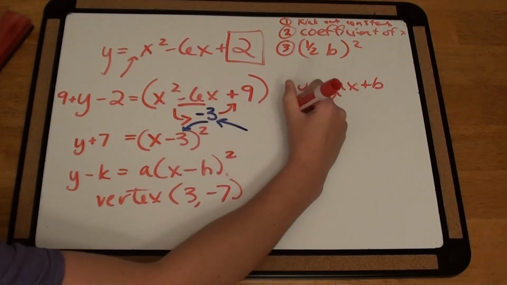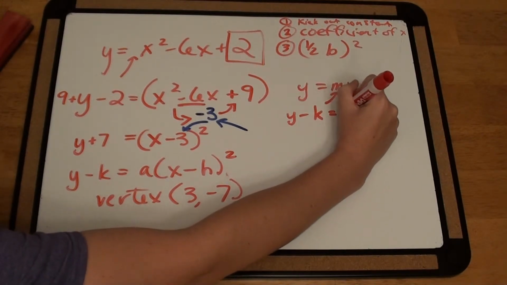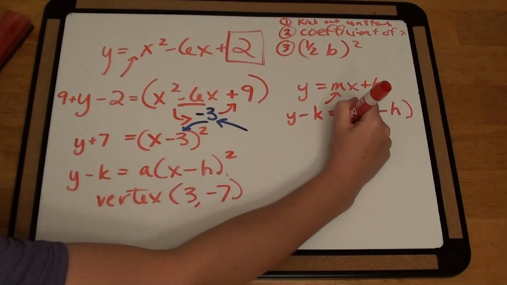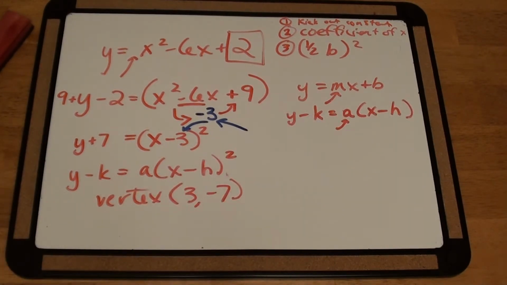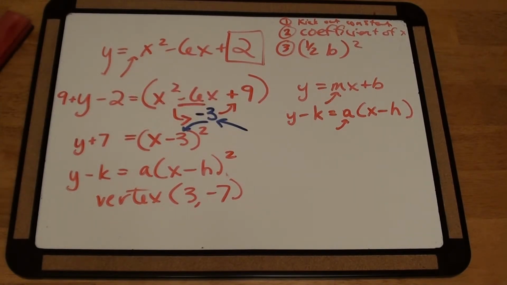Slope, that whole idea, and here's the point slope form for this. For a line, a represents your slope. In a quadratic where it's squared, a represents, it's kind of like that, not exactly the same.